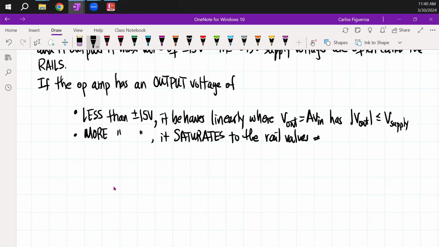So in this case, that tells me that if you try to take an output greater than the supply, then it always rails at that. It's the graph that's most important. So graphically, it looks like this.